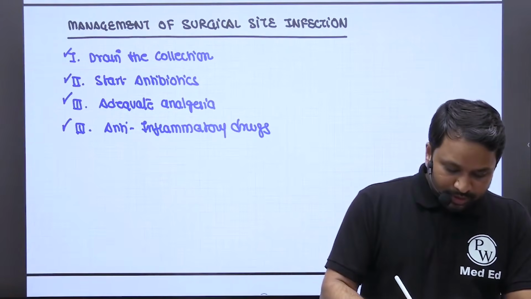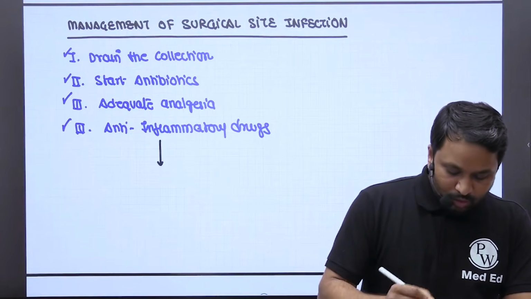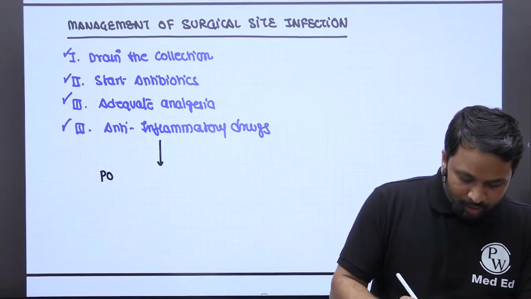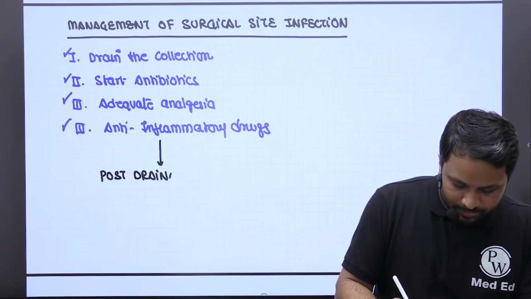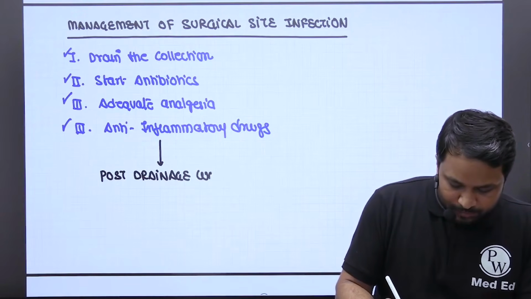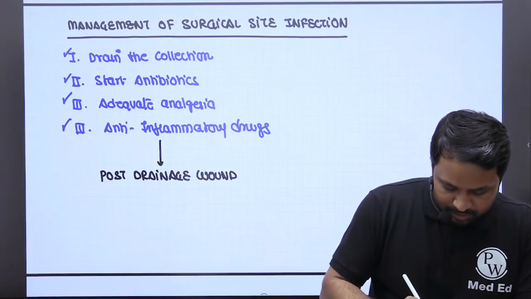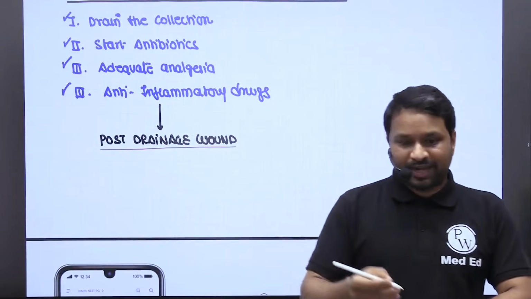Remember, most of the surgical site infections, after you have drained them, will turn into a post-drain wound. So whenever they develop into a post-drain wound, all these post-drainage wounds must be managed with a vacuum-assisted or negative pressure system, right? We have just learned in pressure ulcers that we have to apply a VAC.